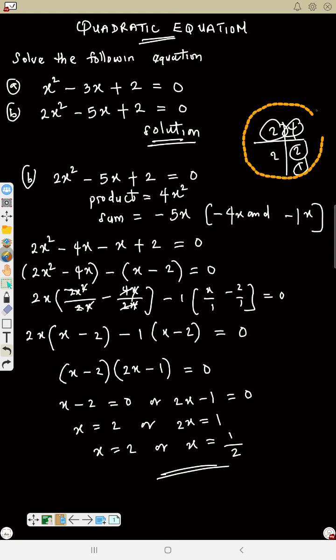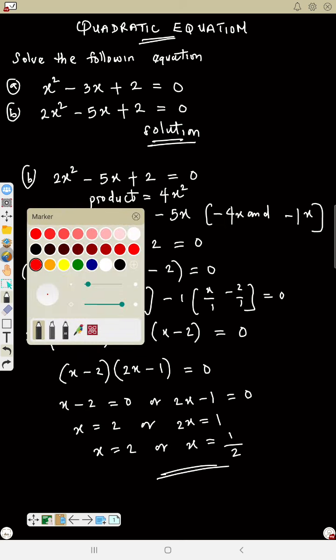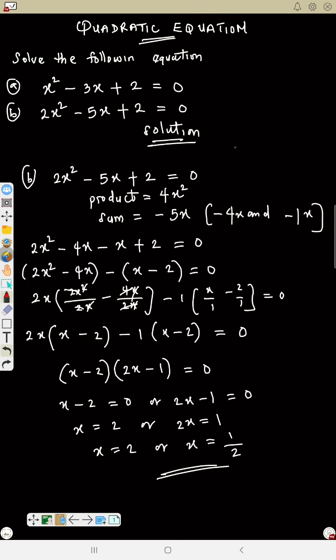Now if you use the short method, we have the two factors. What are the two factors? The two factors are minus 4 and minus 1, as in minus 4 minus 1. Those are the two numbers we use. Now change the sign.